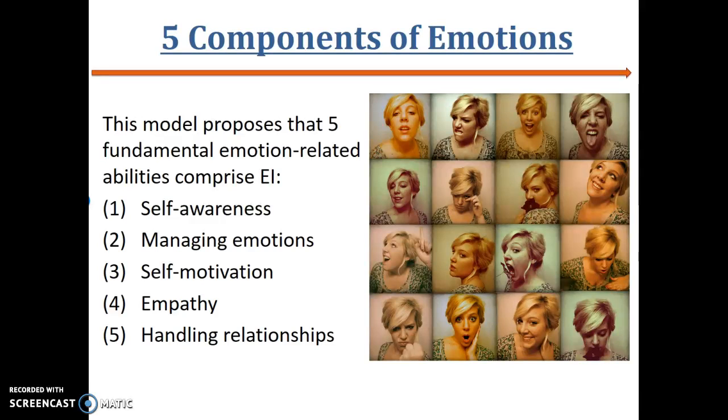And being able to manage and regulate emotions well. That self-regulation is a lot important, right? Self-control, being trustworthy, conscientious, adjustable, and innovative, being good at managing emotions. If you're angry, not having an outburst in a work setting.